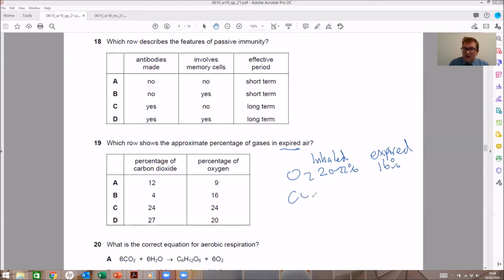Now, if you look at carbon dioxide, the inhaled air is about 0.04%, and the expired air is about 4%. Okay, with that information, you may be able to recall it directly, but hopefully this could help you. So here, knowing that, you can eliminate options C, D, and A straight away, leaving only option B. It is easy to memorize these numbers and percentages, so please do so for questions like this.